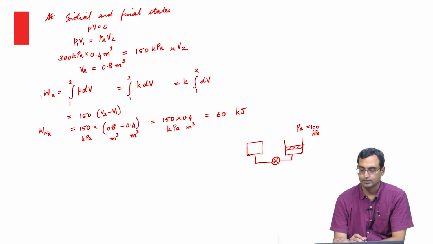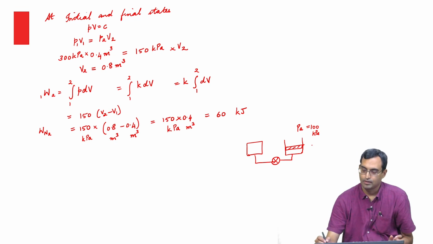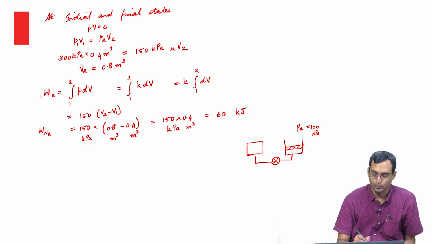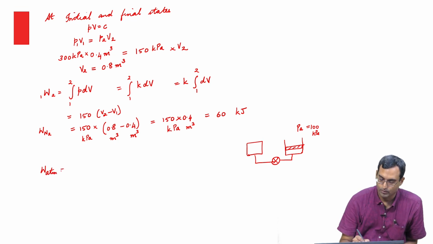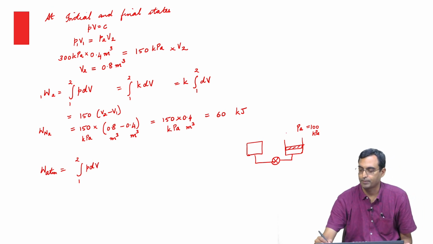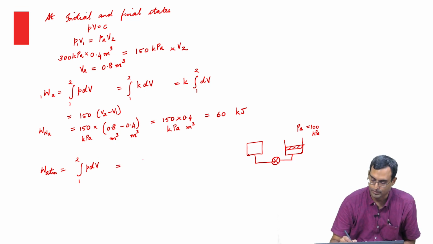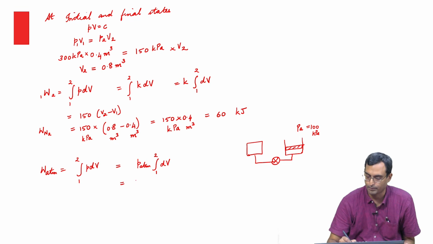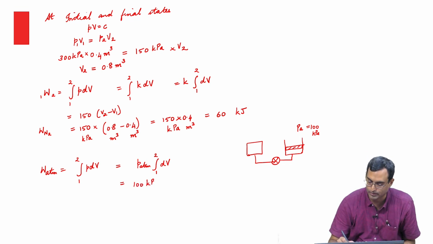then what we would see is that in moving out, the work interaction for the atmosphere would be also given as integral 1 to 2 P dV, where P is the atmospheric pressure outside, which is constant. So, if the atmospheric pressure was 100 kilopascal, we do not know it in this particular problem, but supposing this information was given, and we have dV is V2 minus V1, which is essentially 0.8 minus 0.4, which is 0.4 meter cube.